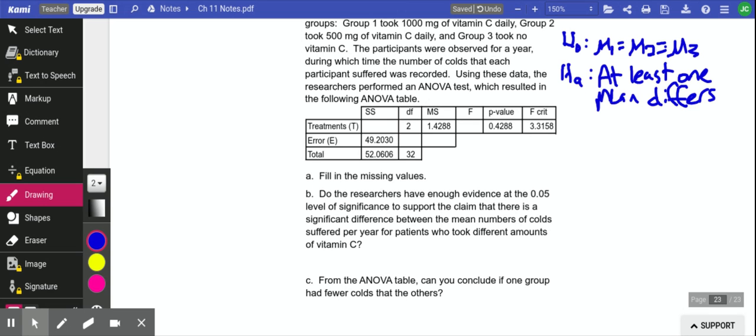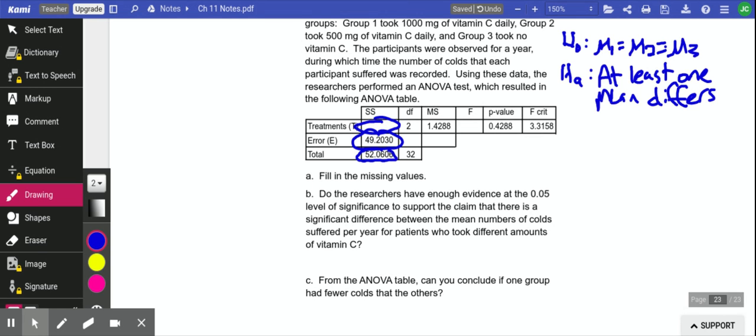All right, so the first thing we need to do is fill out this table. We have our SS, which is our sum of squares, treatments and errors. And then right here, you see we have total. So that means this number plus this number has to give you that 52.0606.